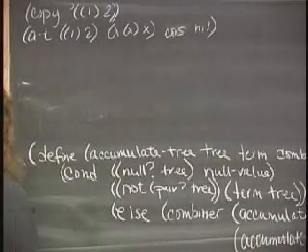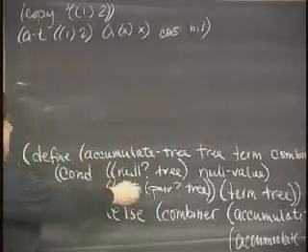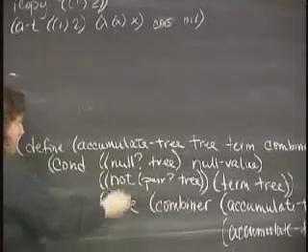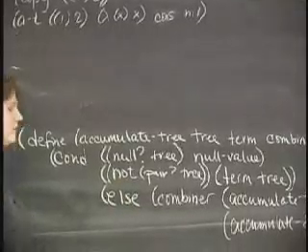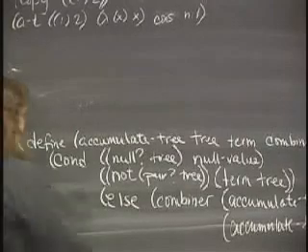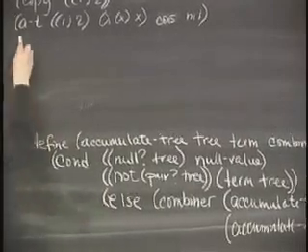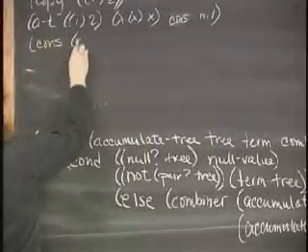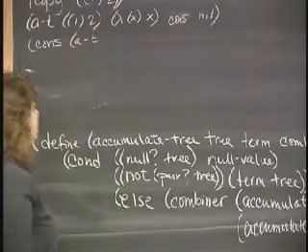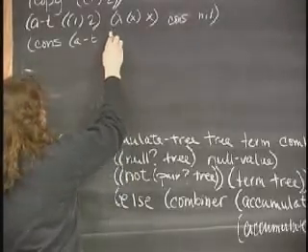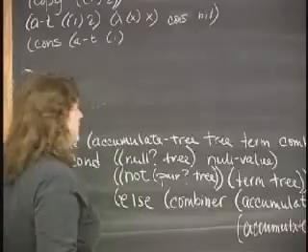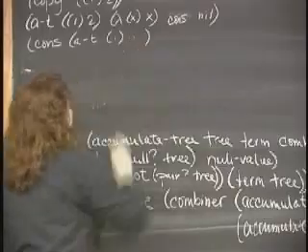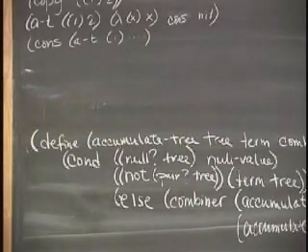Okay, what happens? Got the call. Is our list null? Is it not a pair? It is a pair, therefore not a pair is false. So we come in here, and we call combiner cons on accumulate tree of the car of the tree, which is the list 1.